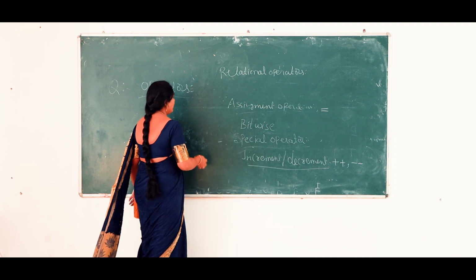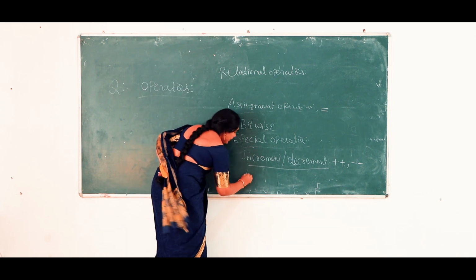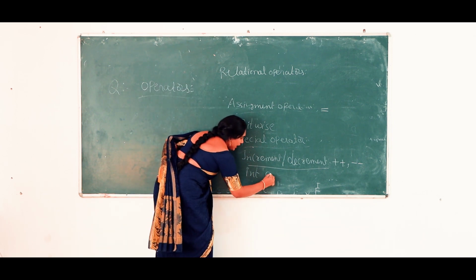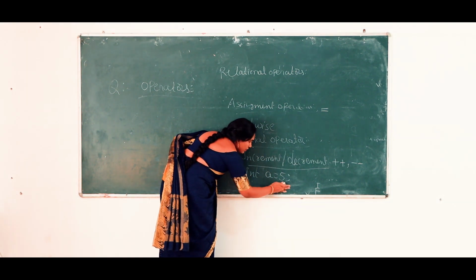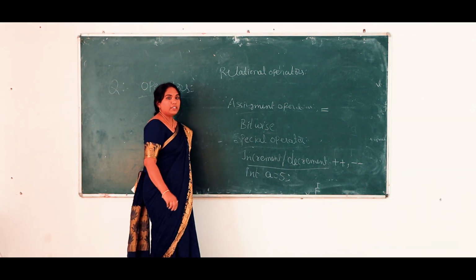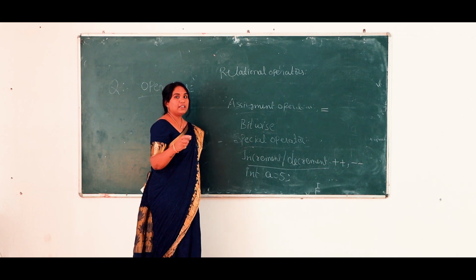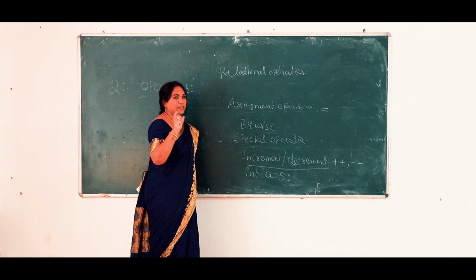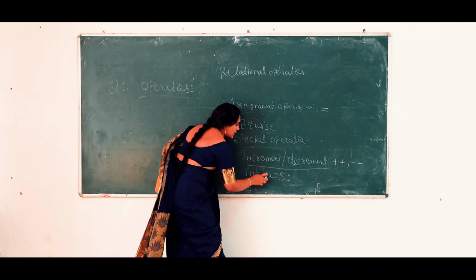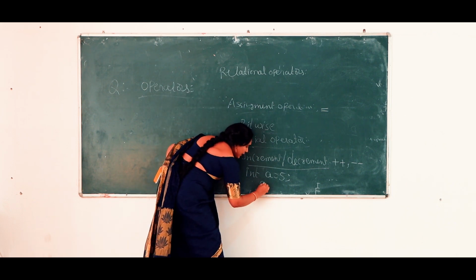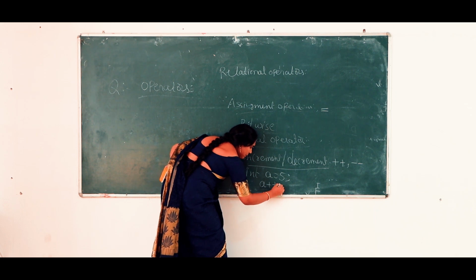For example, int a = 5. Do you want to increase that a value by 1? Means how much? 6. That time, how can you write this a by using the increment operator, a++.